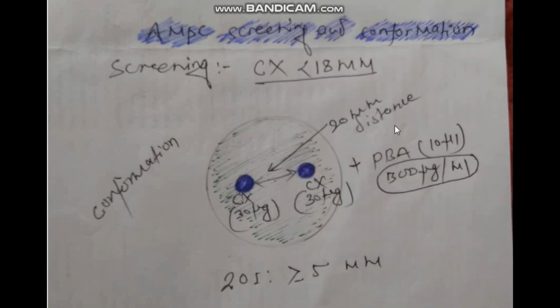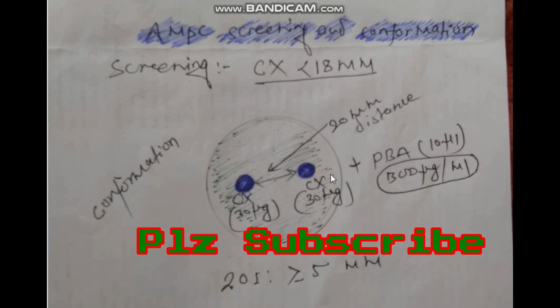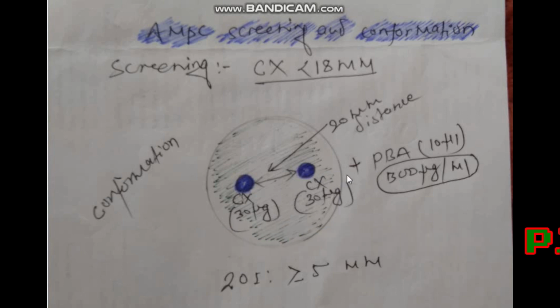The isolate, 0.5 McFarland concentration standard, inoculated in Mueller-Hinton agar with the presence of cefoxitin 30 microgram and cefoxitin plus phenylboronic acid 10 microliter. Concentration is 300 microgram per ml.